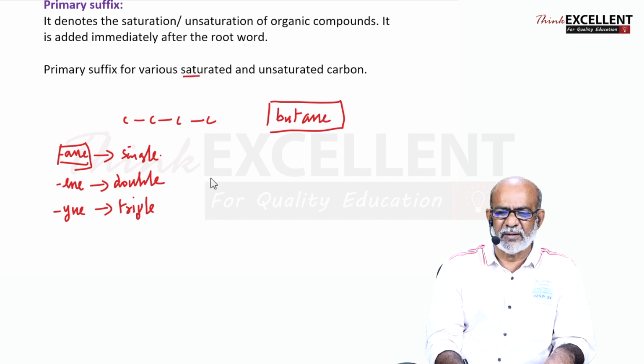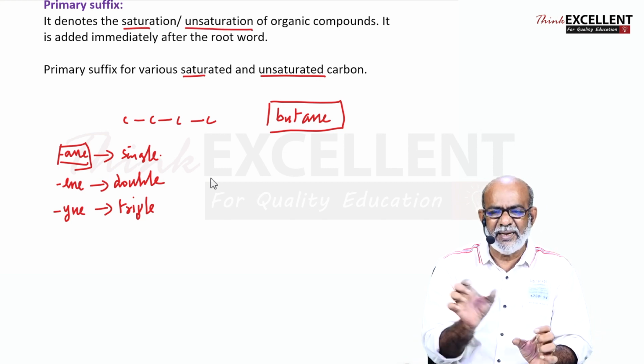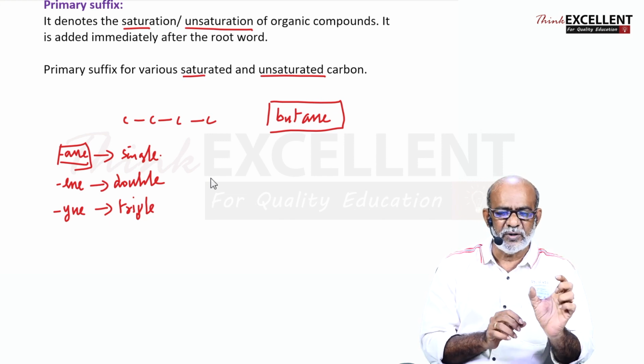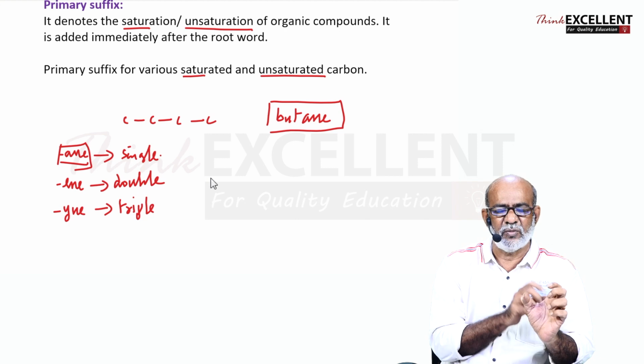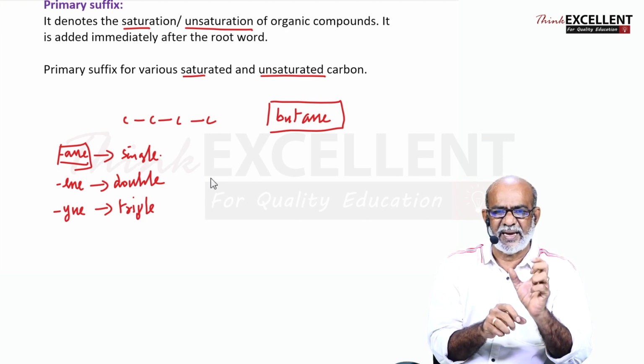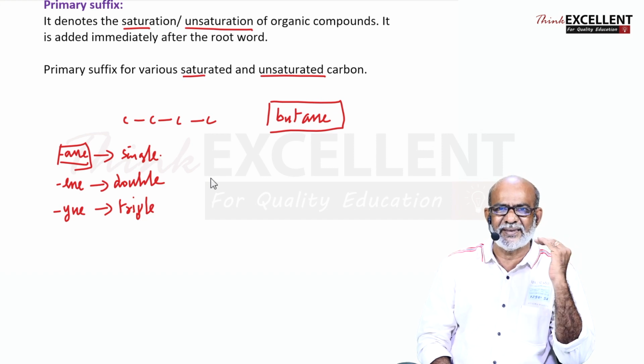The primary suffix denotes saturation and unsaturation of organic compounds. It is added immediately after the root word. So here the root word for 4 carbons is but, and immediately after it we add the saturation or unsaturation. What is the meaning of saturation and unsaturation? If all the carbon-carbon bonds are single bonds, it is called saturation.